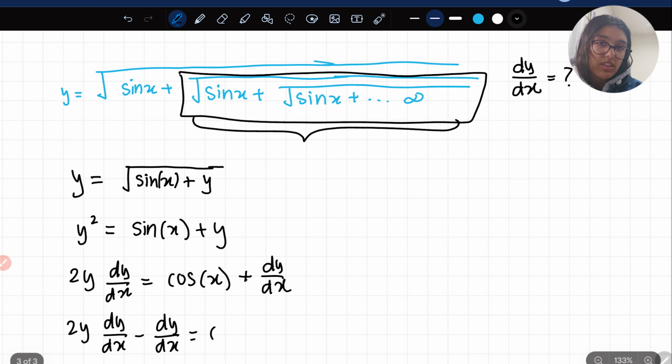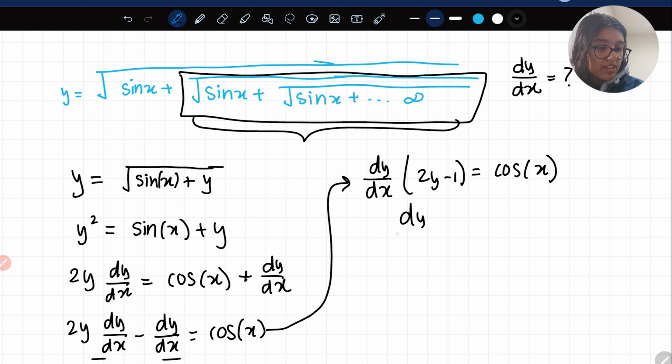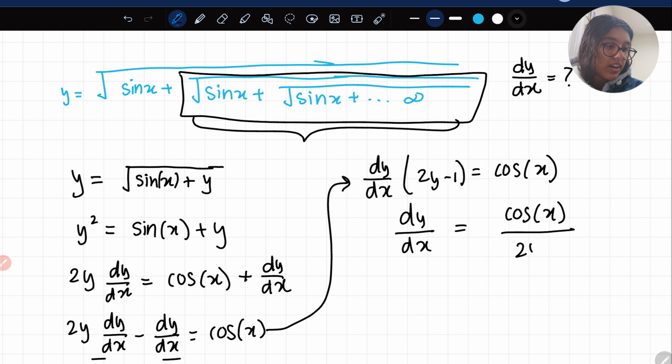Right side, I'm just left with cos x. Taking dy over dx out from the left side, we are left with dy over dx times (2y minus 1) is equal to cos x. Now, dividing both sides by 2y minus 1, we're left with cos x over 2y minus 1. And that over there is our derivative.